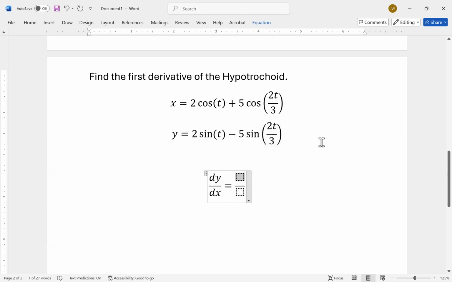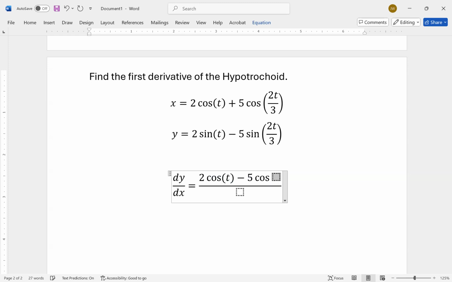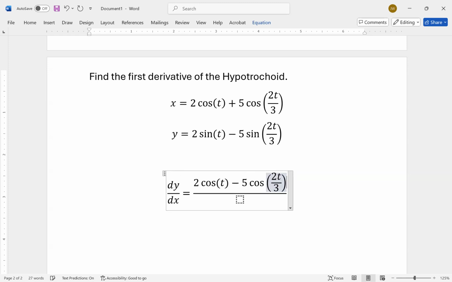In this case, if I took the derivative of y with respect to t, I would get 2 times the cosine of t minus 5 times the cosine of 2t over 3. And then I would have to multiply times the derivative of the inside function. The derivative of the inside function is 2/3. So 5 times 2/3 gives me 10 over 3.